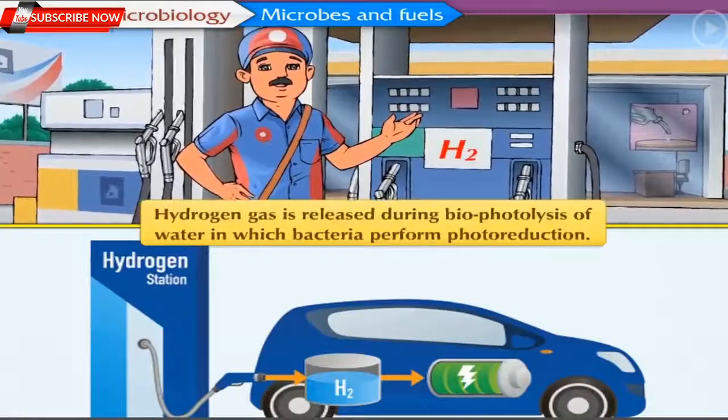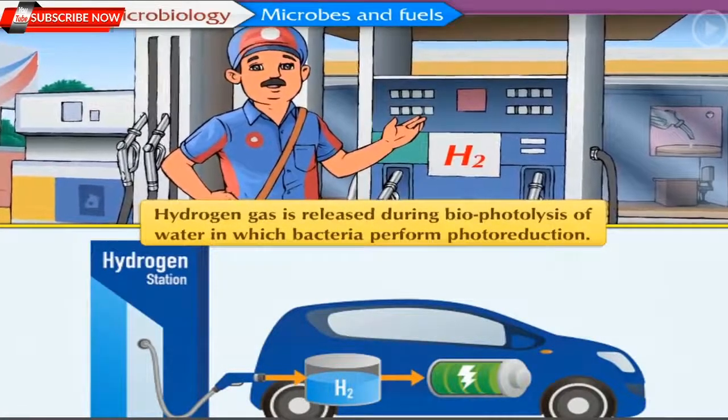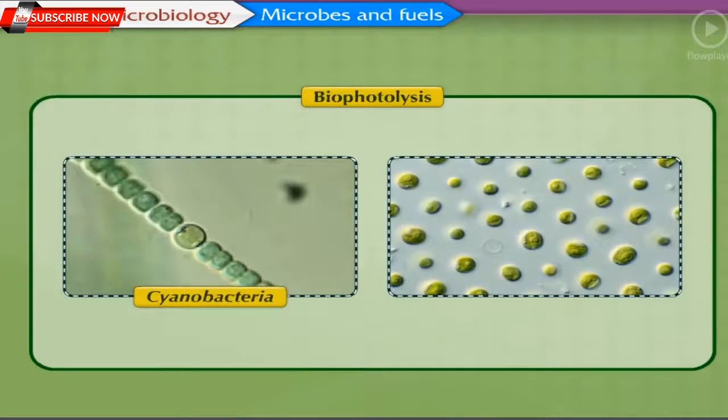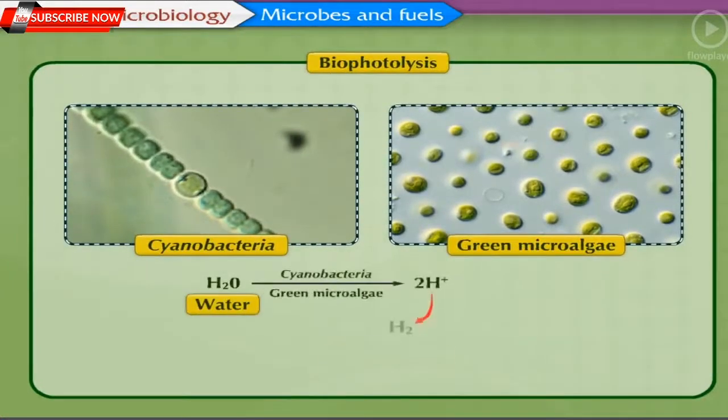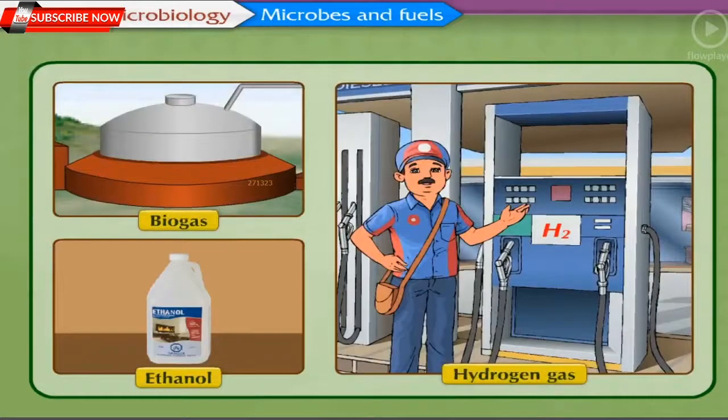Hydrogen gas is released during biophotolysis of water, in which bacteria perform photoreduction. In biophotolysis, cyanobacteria and green microalgae split water into molecular hydrogen and oxygen using sunlight under special conditions. All these fuels are collectively termed as biofuels.